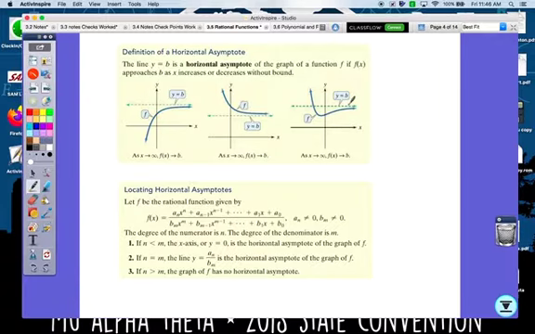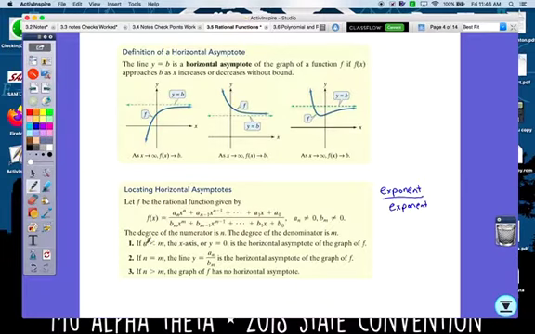All right, and so how to locate a horizontal asymptote? It's all about the highest exponent. It's all about the degree. So you're going to look for the highest exponent on top and the highest exponent on bottom. Everything else doesn't matter as far as horizontal asymptote. Then you're going to have one of these three things.